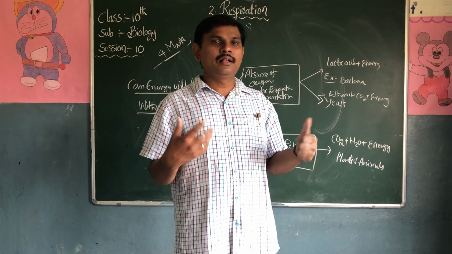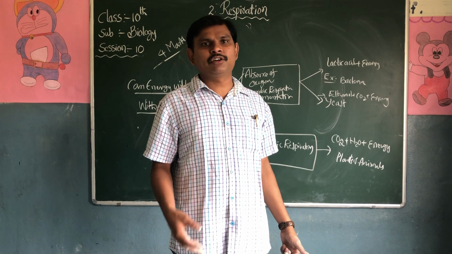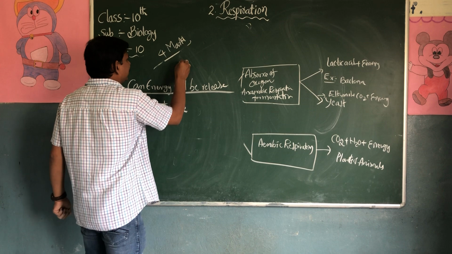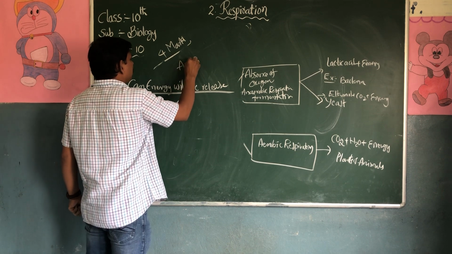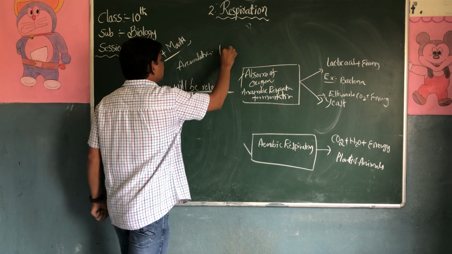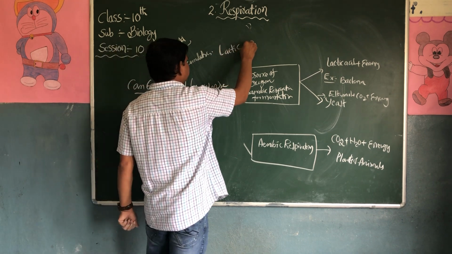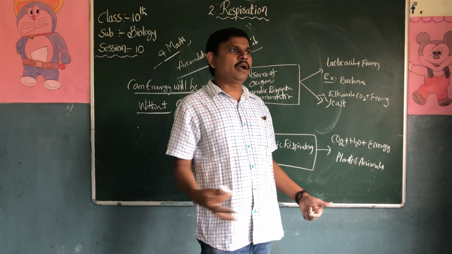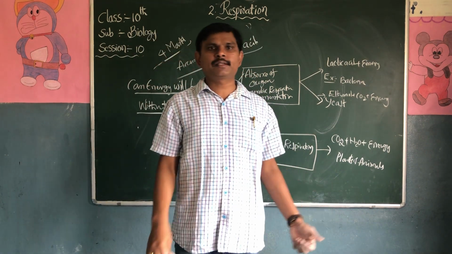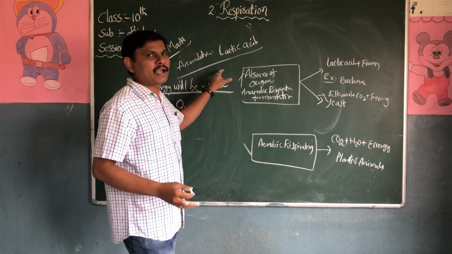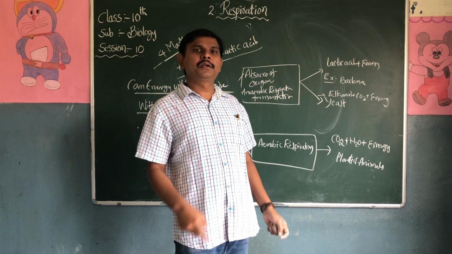So the body pains take place due to the accumulation of lactic acid in our body muscles. Everybody gets pains after running or doing some exercise because the accumulation of lactic acid in the muscles causes pain.